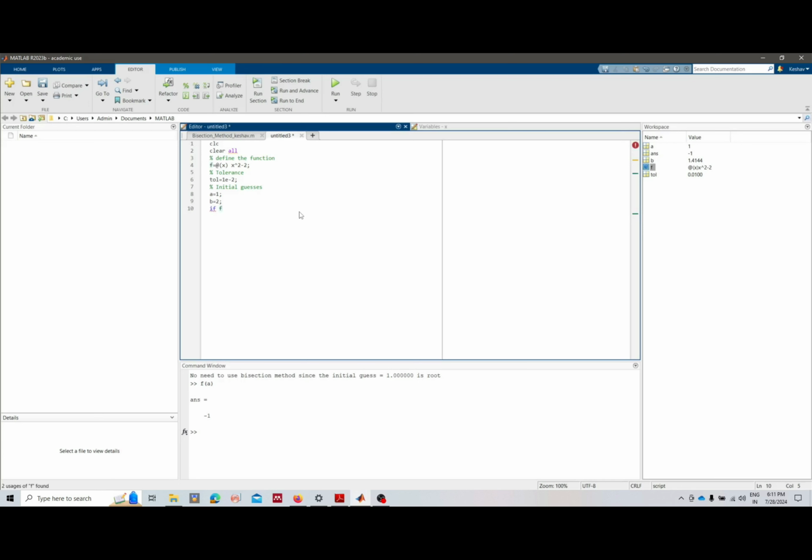So if f of a multiplied by f of b is greater than 0, if this value is greater than 0, our code should exit and print the prompt: the initial guesses are not correct as per the bisection method.